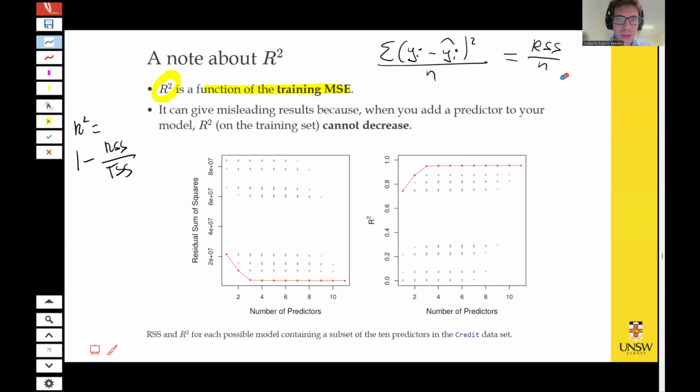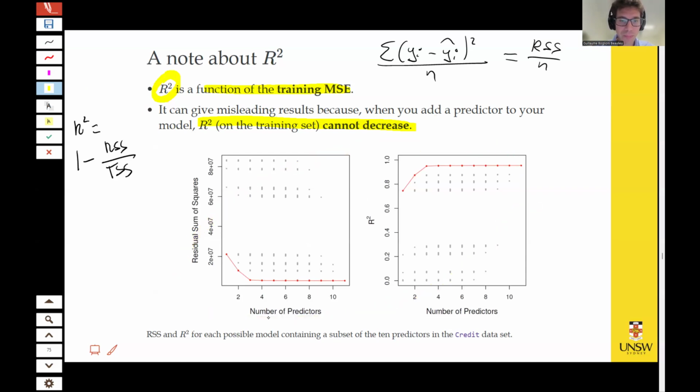Now, the fact you need to be aware of is that R squared can be somewhat misleading because if you add variables to your model, R squared cannot decrease. So let's say that you have 4 variables in your model. You keep those 4, but you just add a fifth one. Even if the fifth has 0 explanatory power to explain the response, your R squared will not decrease. And this is illustrated here in the example from the book.